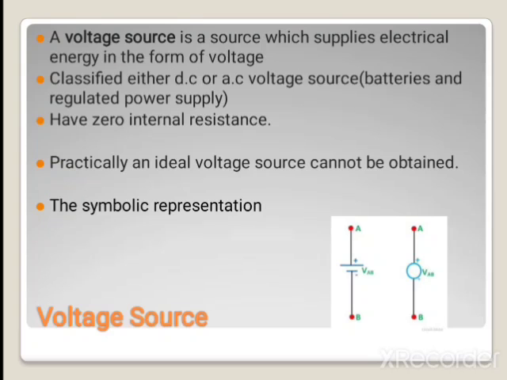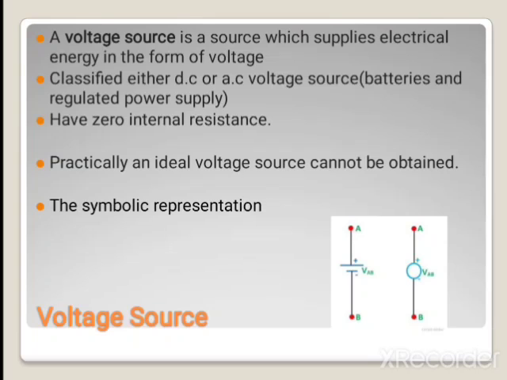So now what is a voltage source? As we know, a current source is the circuit which supplies the current. A voltage source is a source which supplies electrical energy in the form of voltage.